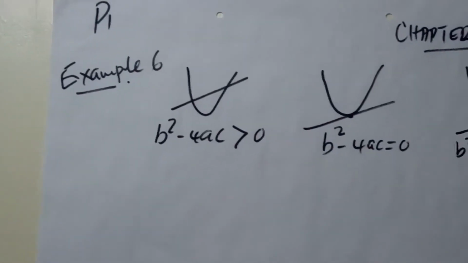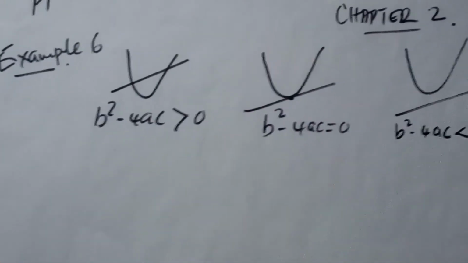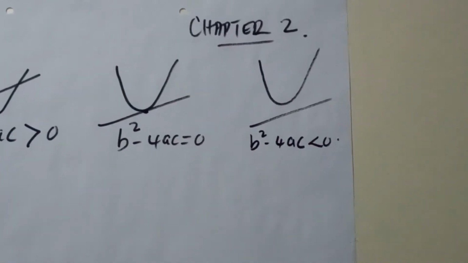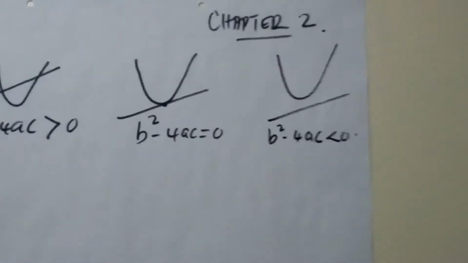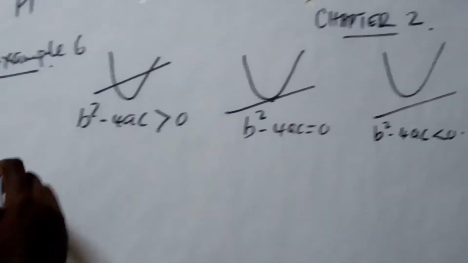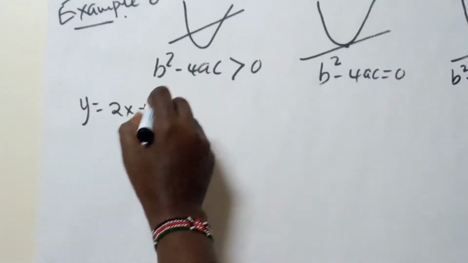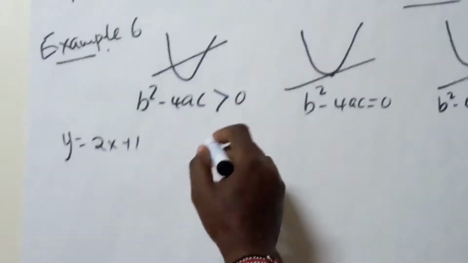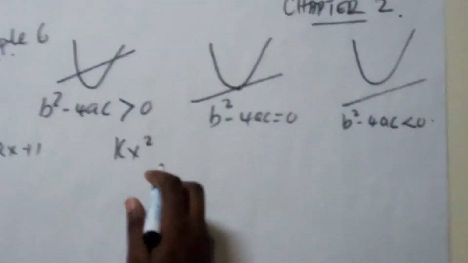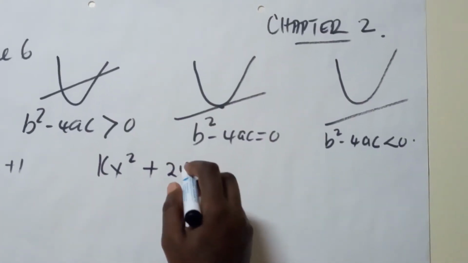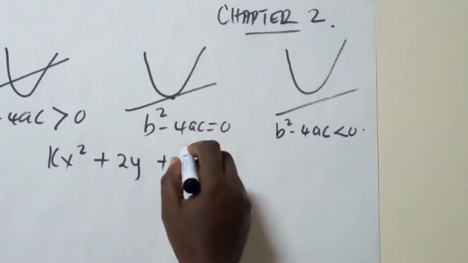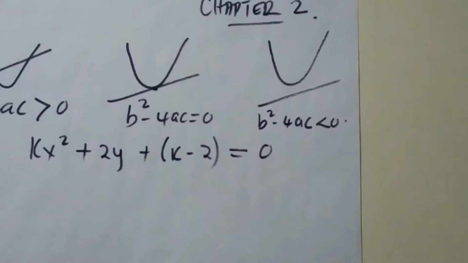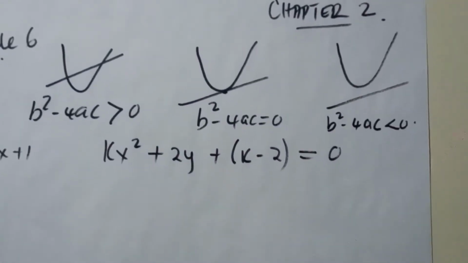Why I'm repeating this, which we have had previously, is because we are going to use this information in example 6. Example 6 talks about the line with equation y equals 2x plus 1 meeting the curve with equation kx squared plus 2y plus k minus 2 equals 0 at exactly 1 point.